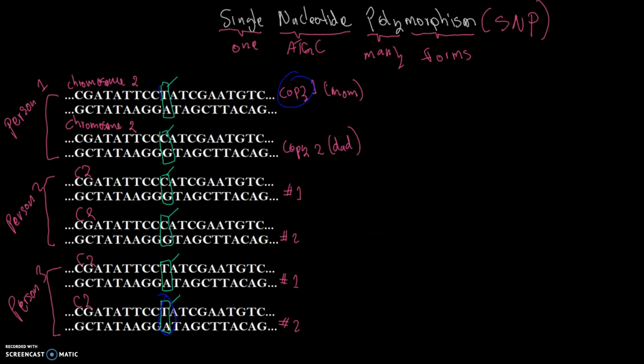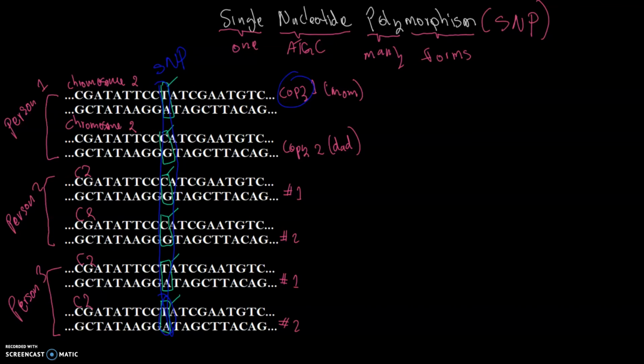We refer to a variation like this as a SNP. This is the definition of a SNP: the difference in a single nucleotide base among individuals at a particular location in the DNA.